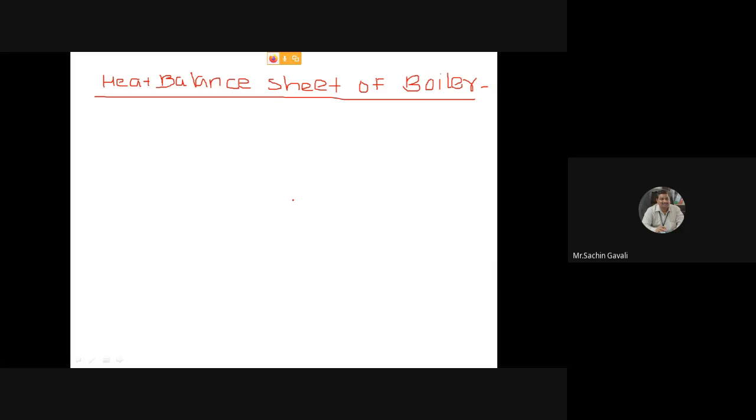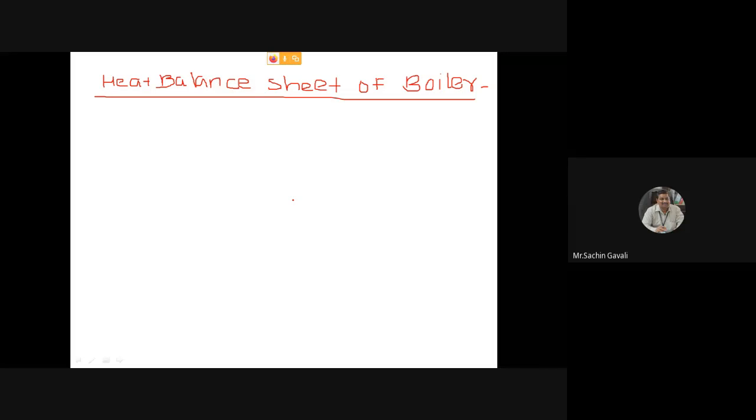From the heat balance sheet, an engineer can get corrective measures for increasing the performance of a boiler.